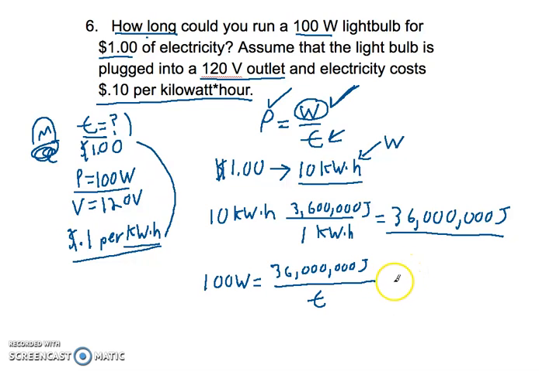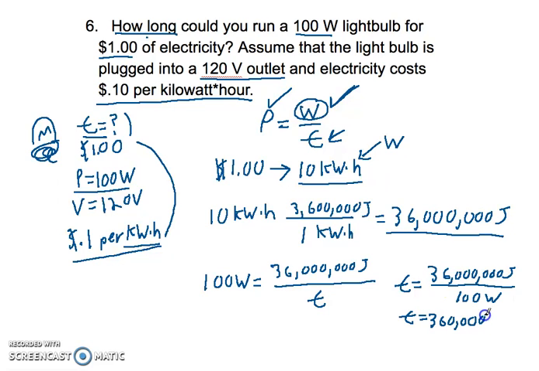So we rearrange slightly, and T is equal to 36 million joules over 100 watts. If we divide these, we get a time of 3,600,000 seconds. So that would be the final answer, that would be the time.